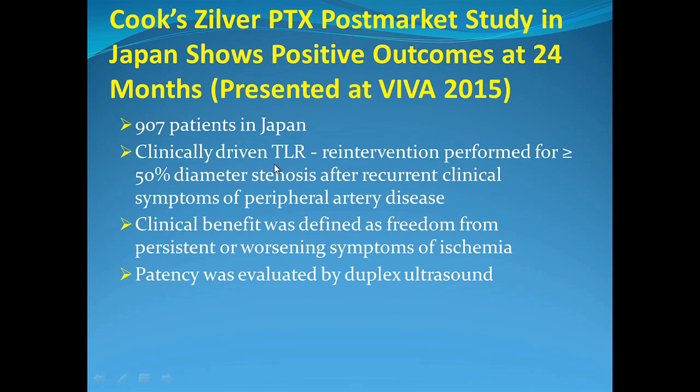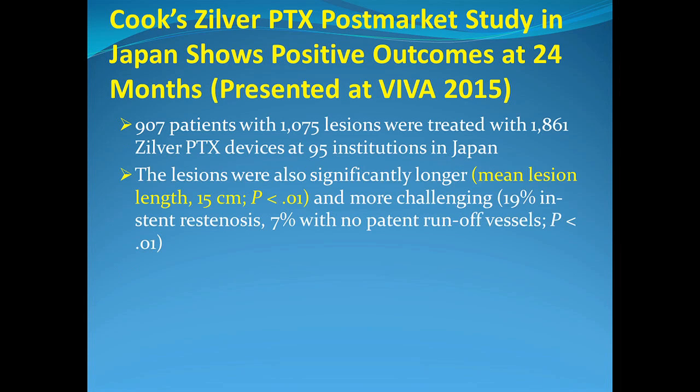They evaluated the TLR, which is defined as reintervention performed for more than 50% diameter stenosis if there is a change in clinical symptoms, and the benefit being no worsening of symptoms of ischemia, and patency was evaluated with ultrasound.